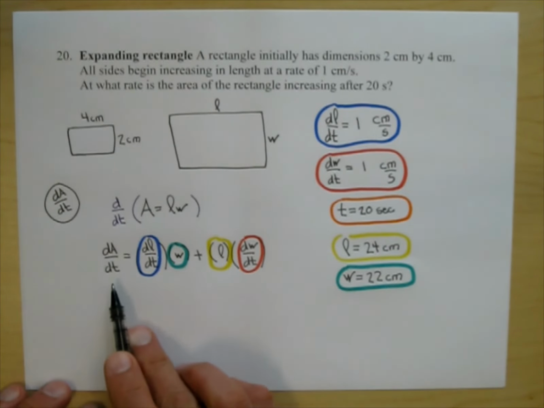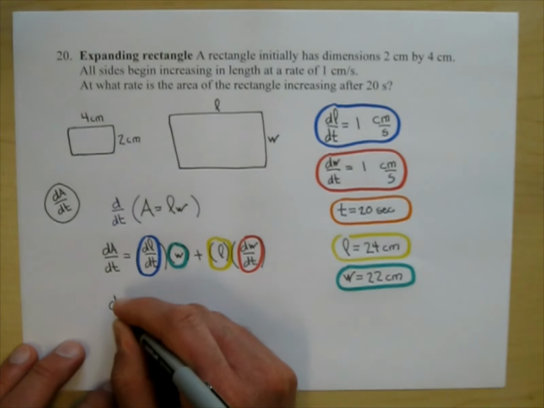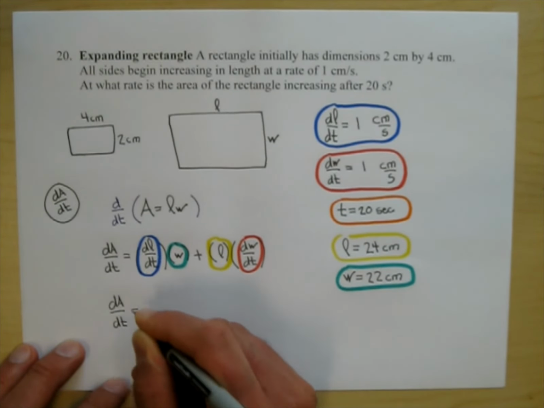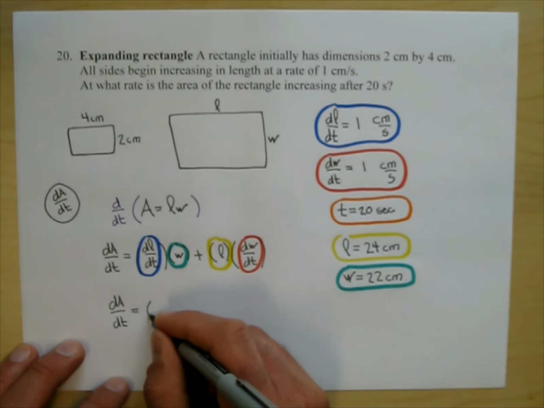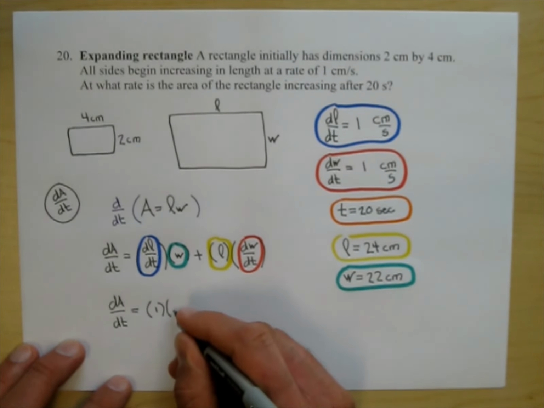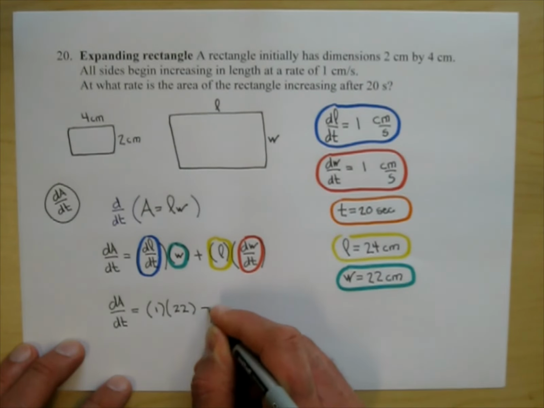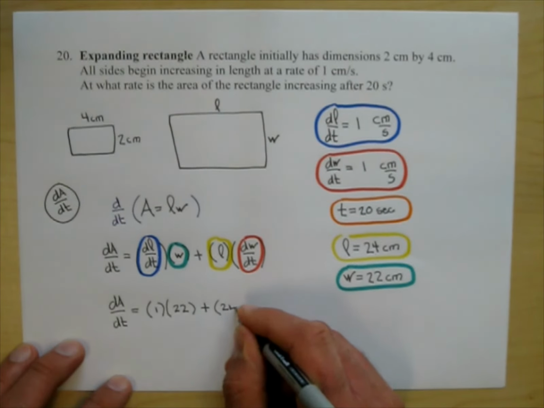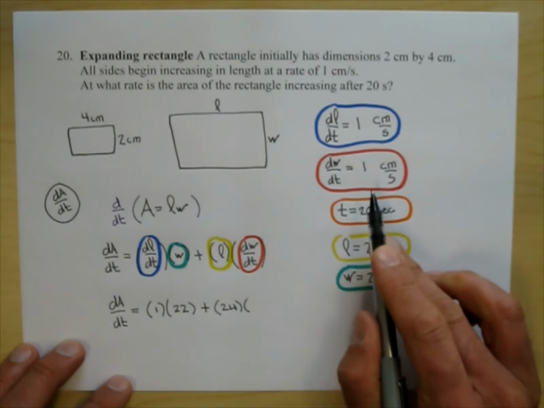So now we can find dA dt, which was the goal. dA dt is 1, that's the blue part, times the green part, W is 22, plus L is 24, and 1.